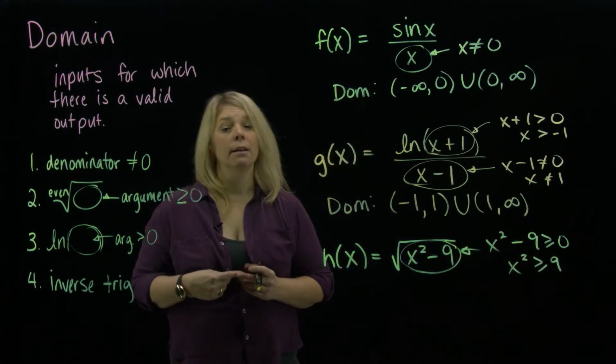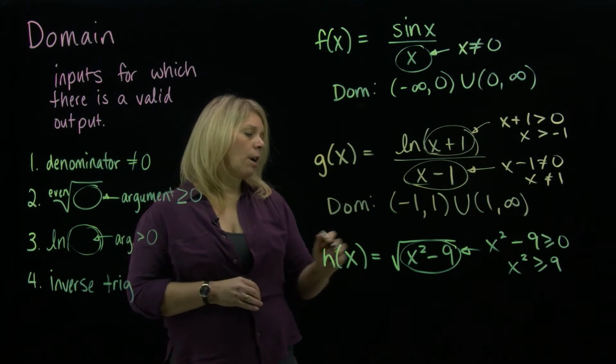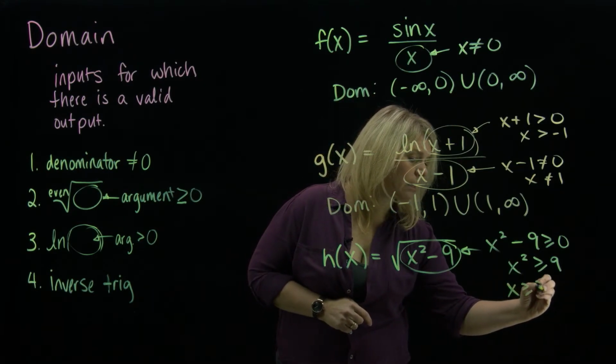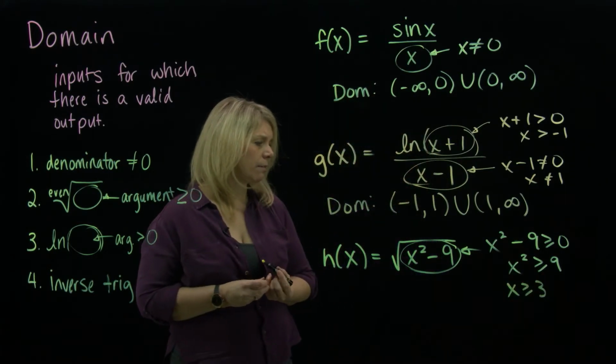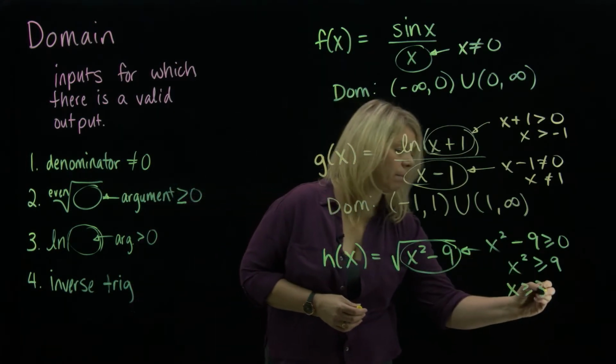And remembering that when you square negative numbers, they become positive. So certainly my x's can be greater than or equal to 3, but I also can have x values that are less than or equal to negative 3.